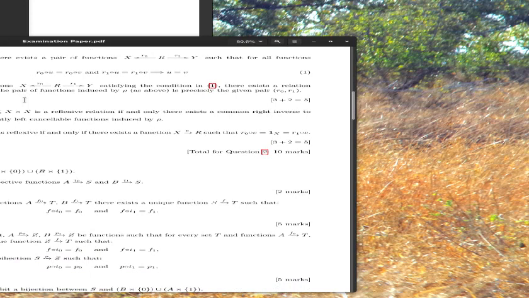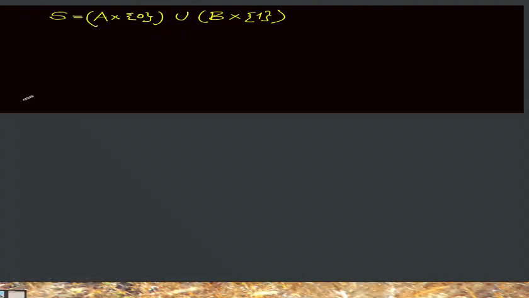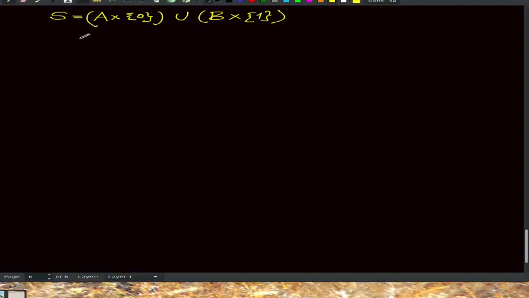It's question 3. Yeah, you have to show that there is an injection from here and here, right? You have to produce 2 injections, right?